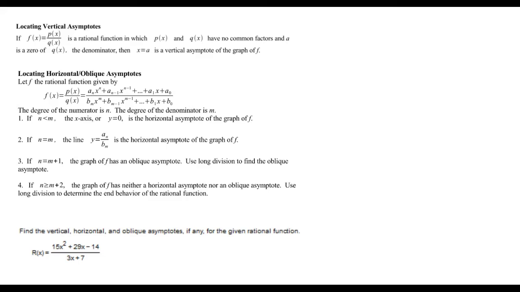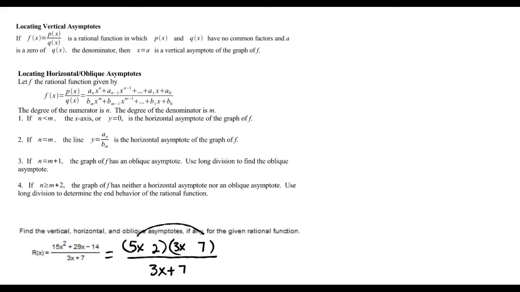So for our example, I want to try to factor the numerator first to see if there are any common factors. That numerator might factor. So I'm going to try 5x and 3x, and maybe a 7 and a 2.